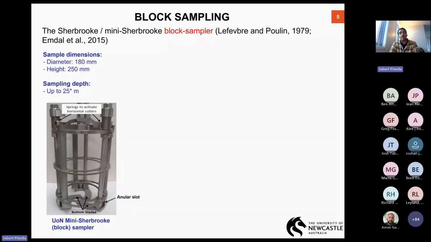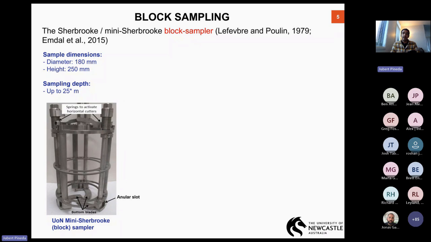So on the bottom left-hand side, you see a photograph of the mini Sherbrooke block sampler. This is a reduced version of the original Sherbrooke sampler developed in Canada in 1979. The original Sherbrooke sampler required a 400 millimeter borehole in order to be used, and of course this puts some constraints in terms of the drill rig that needs to be used and the casing that needed to be used.